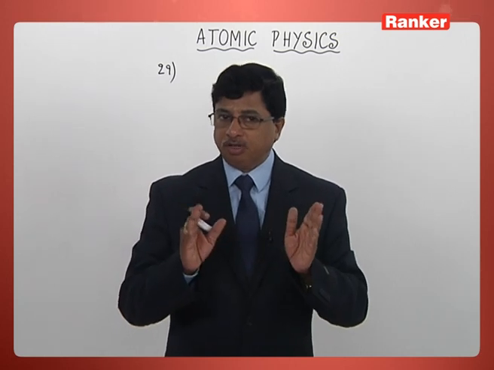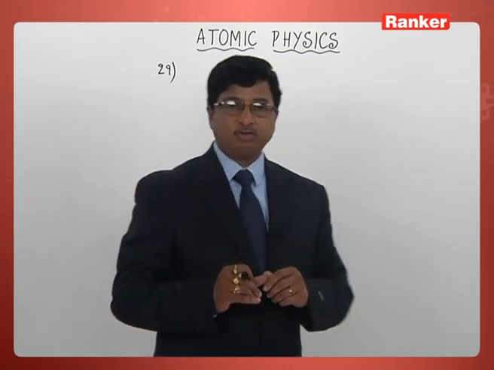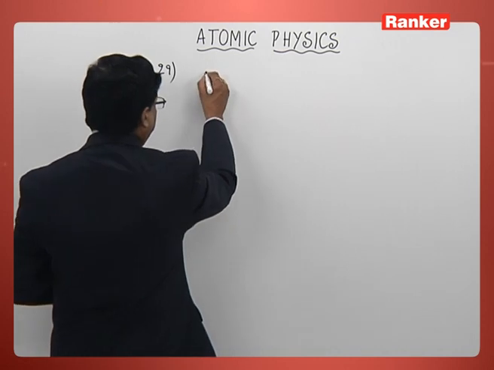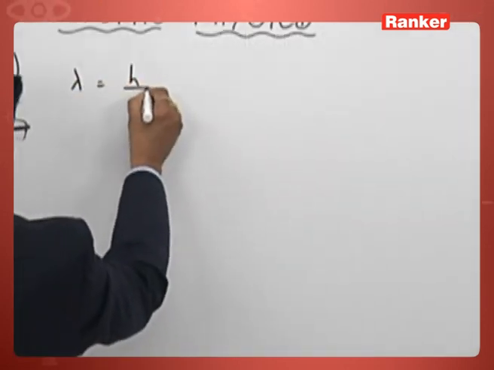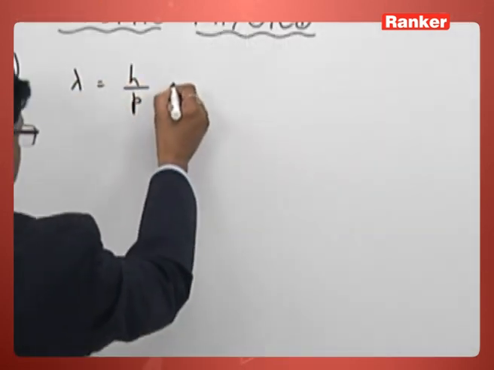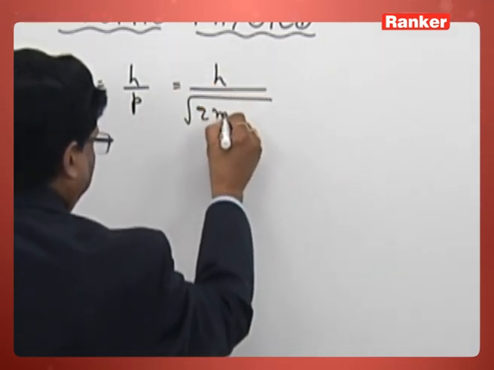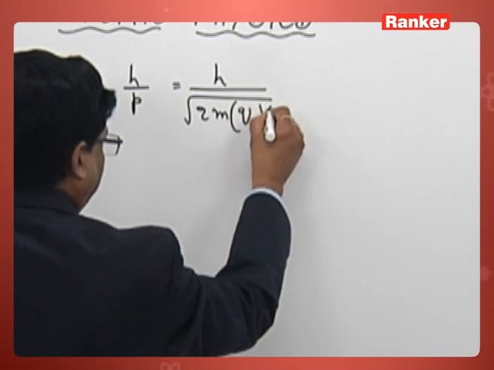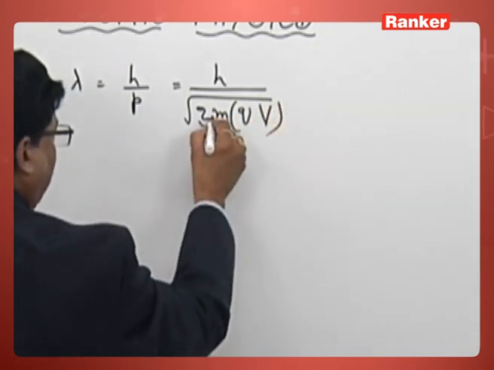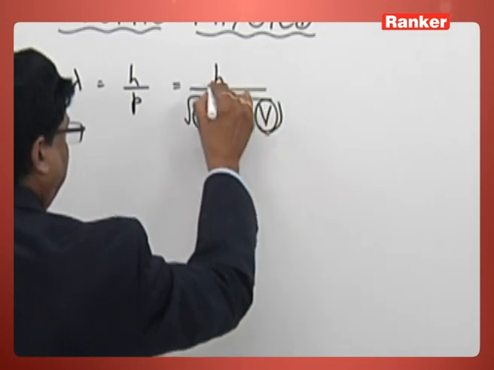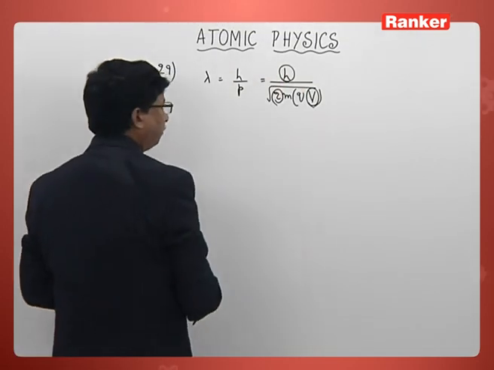Same potential difference he is giving. So what we should once again understand, λ = h/p. The same can be rewritten as h/√(2m·qV). Now look at it: 2 constant, V constant, h constant.